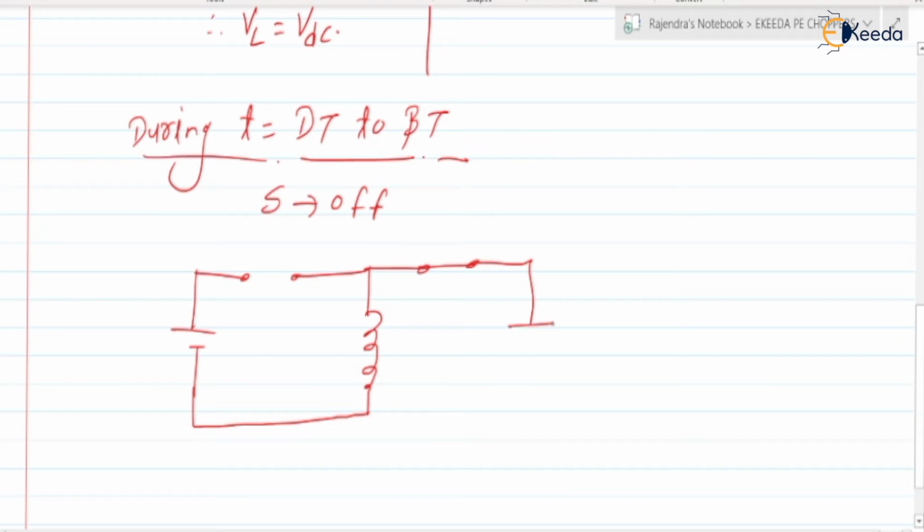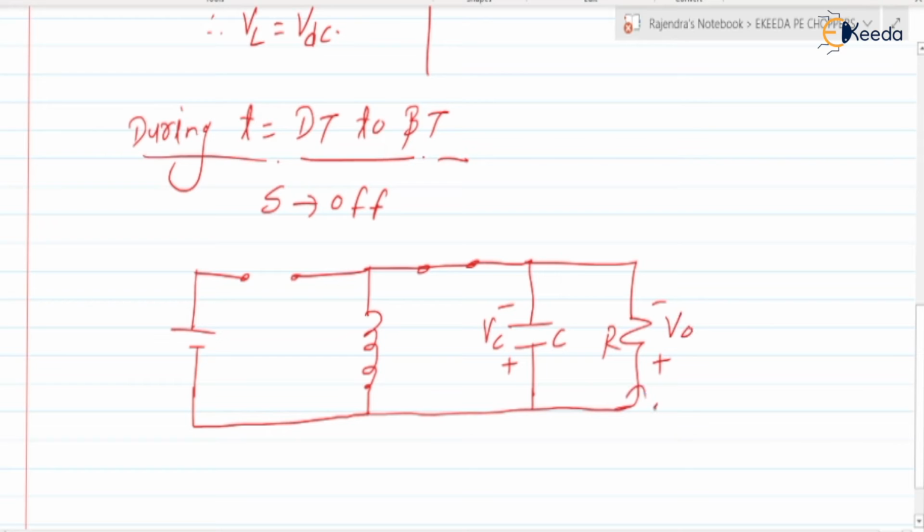Here we have a capacitor with voltage VC and here it is a load R with voltage V0 and current I0. This one is IC. The inductor has voltage VL and current IL.